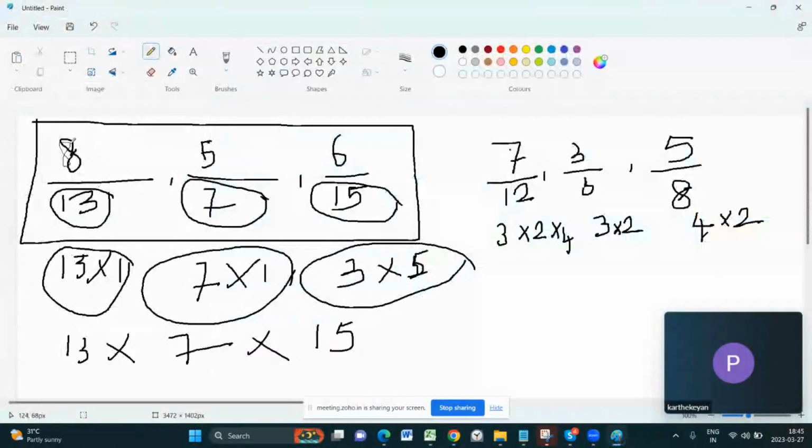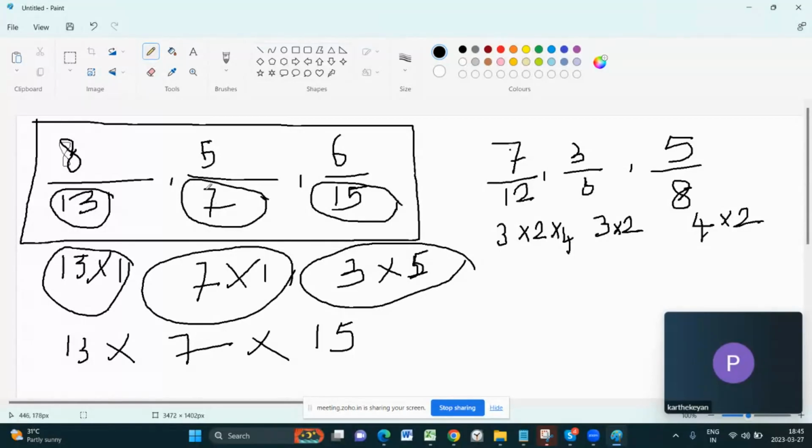We have three numbers, 8 by 13, 5 by 7, and 6 by 15. If you have to find the common factor, you need to find the common factor of the denominators. So this can be written in terms of prime numbers. This is 13. 13 into 1, you have no choice.